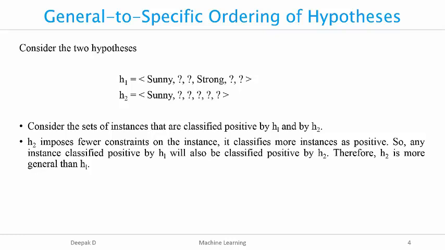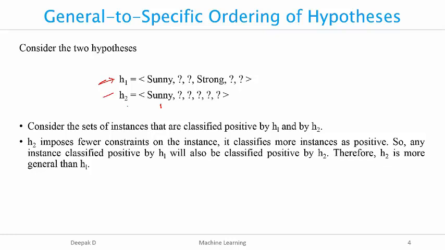To illustrate this general to specific ordering, let's consider two hypotheses, H1 and H2. When you compare H1 and H2, you can see that H2 has fewer constraints on the instances, and H1 has more constraints than H2.